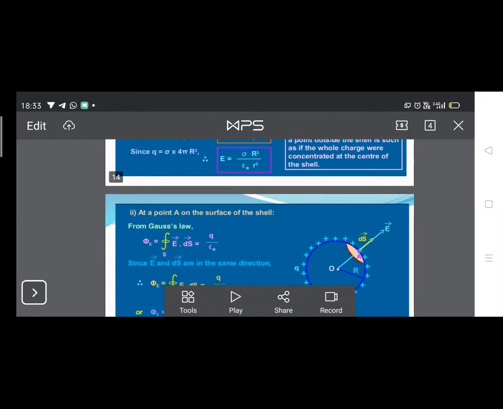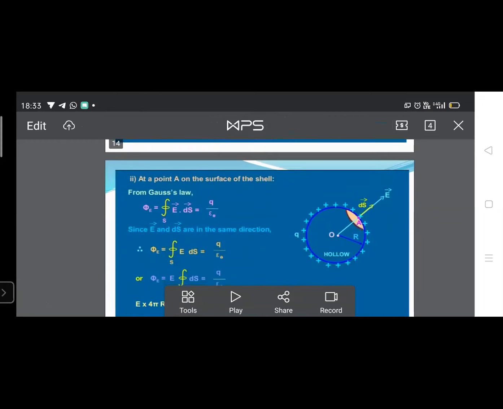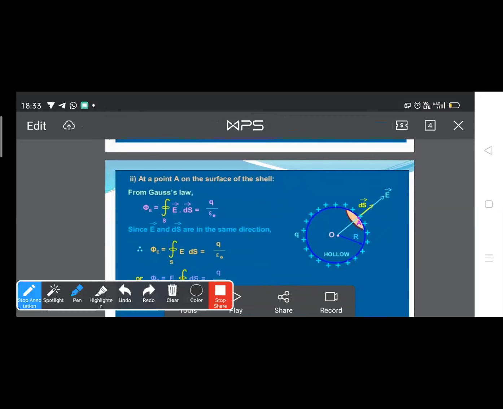Now we have to find the electric field on the surface of the shell. From the figure, at the surface of the shell, at a distance capital R, consider a small element of the surface dS. As we found from the figure, dS and E are both in the same direction.